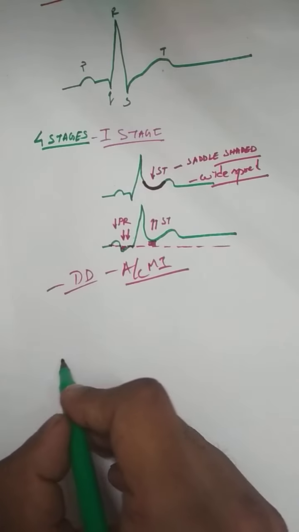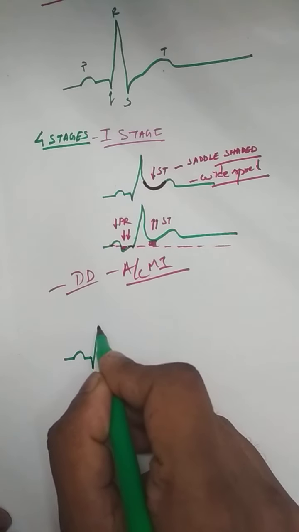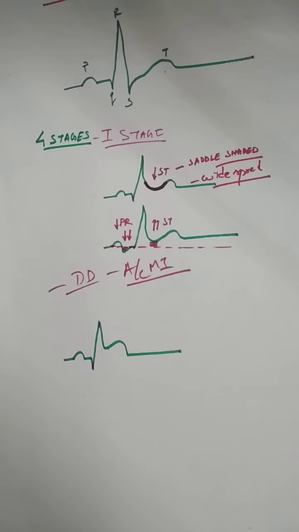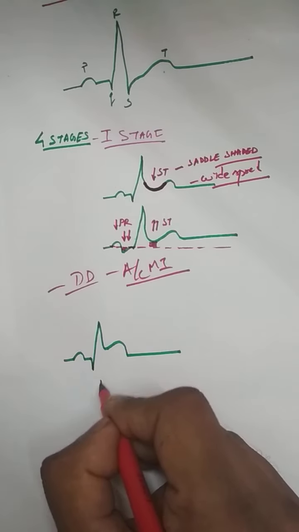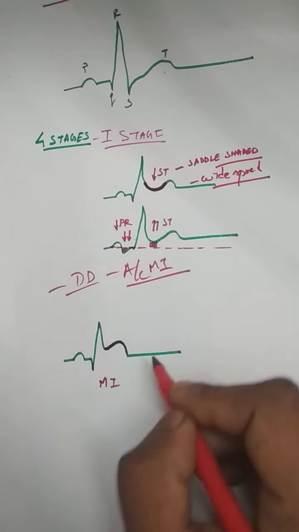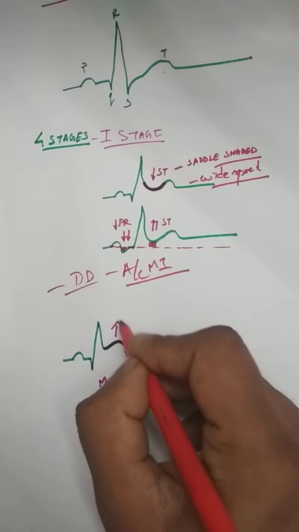In a person with myocardial infarction, the ST segment elevation would be like this, with an upward convexity.